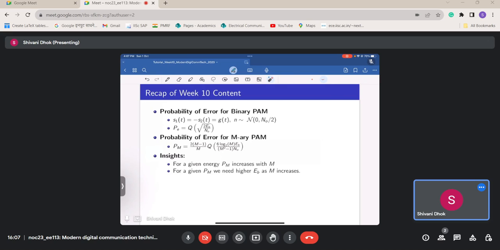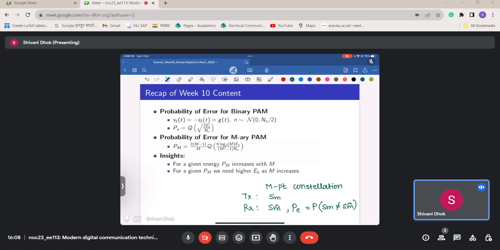In general, suppose I have an M-point constellation, and suppose my transmitter transmits S_m and my receiver receives S_m hat. The probability of error is basically the probability that S_m is not equal to S_m hat.